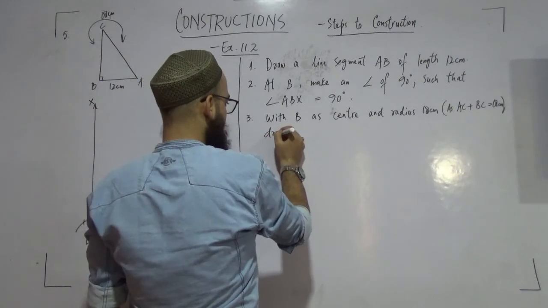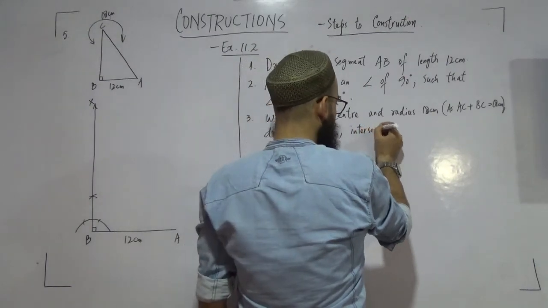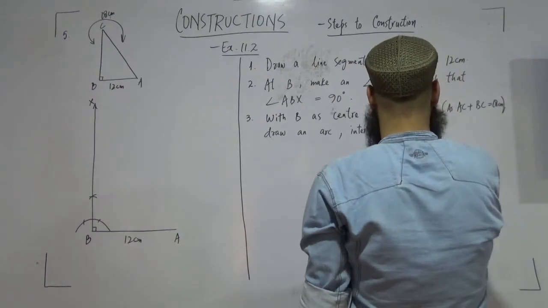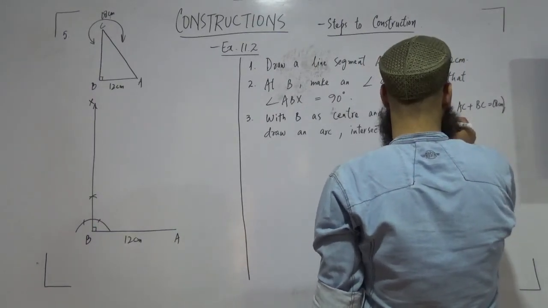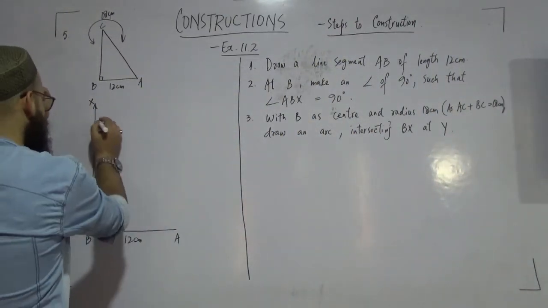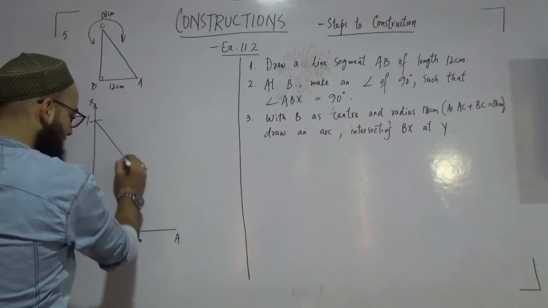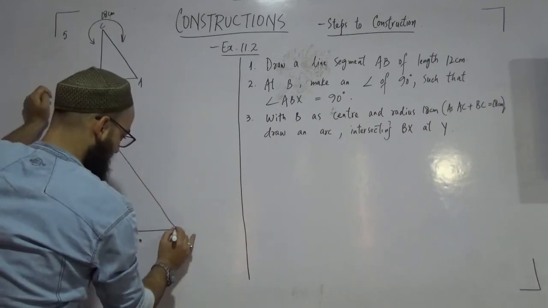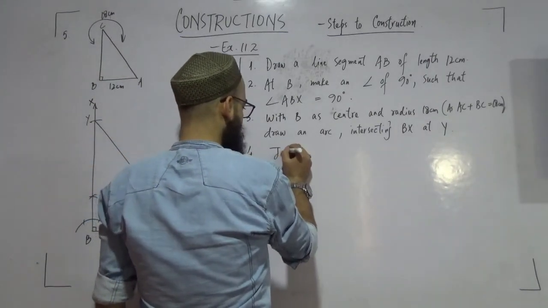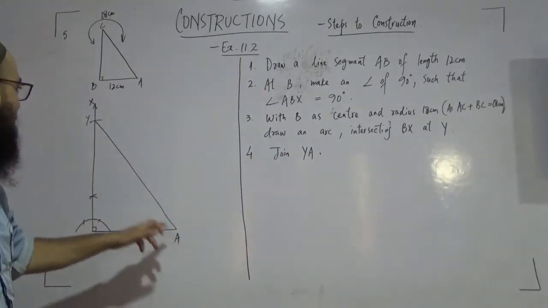Draw an arc intersecting BX at, say, Y. So with B as center and radius 18 centimeter, something like this. Say this point is Y. Then join YA. Now you got this YA.